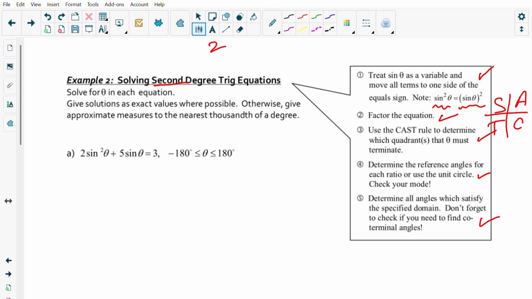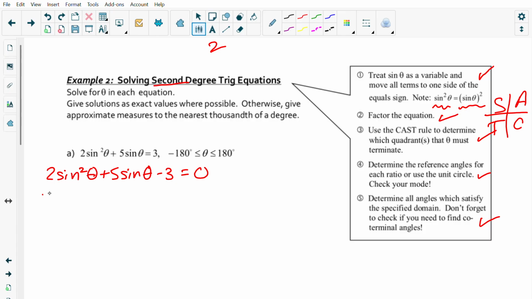Okay, letter A. 2 sine squared of theta plus 5 sine of theta equals 3 for the domain of theta greater than or equal to negative 180 degrees and less than or equal to 180 degrees. So let me rearrange this as 2 sine squared of theta plus 5 sine of theta minus 3 equals 0.